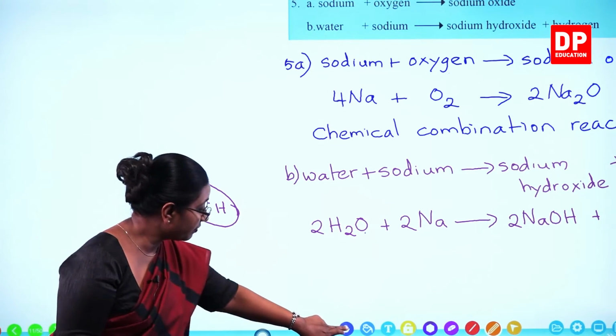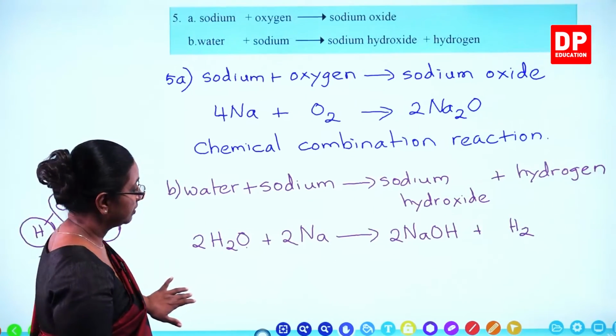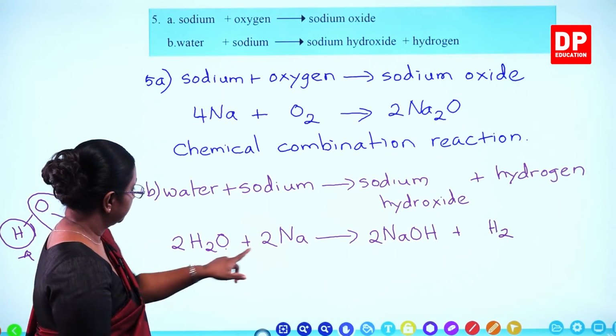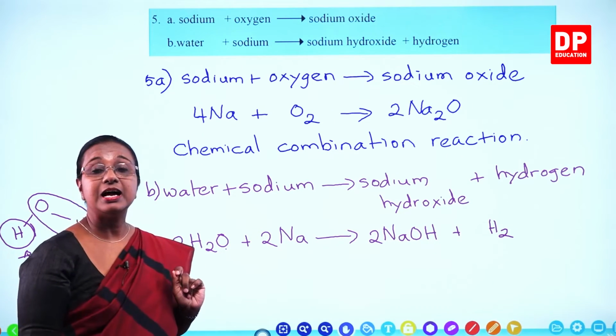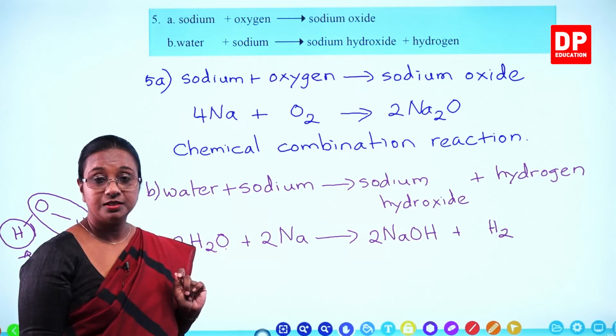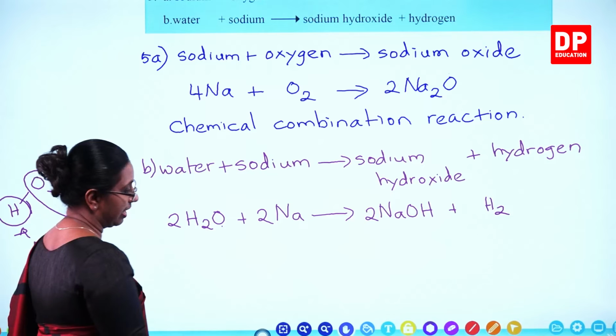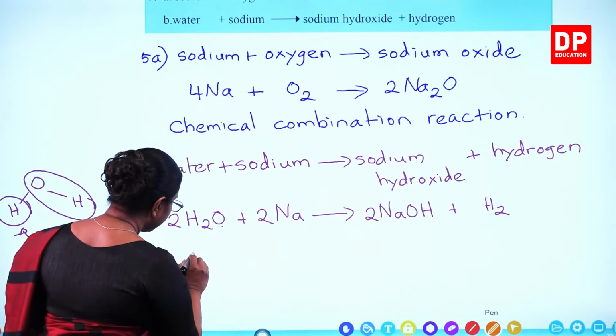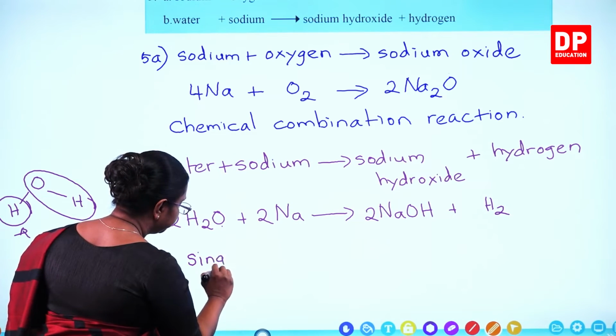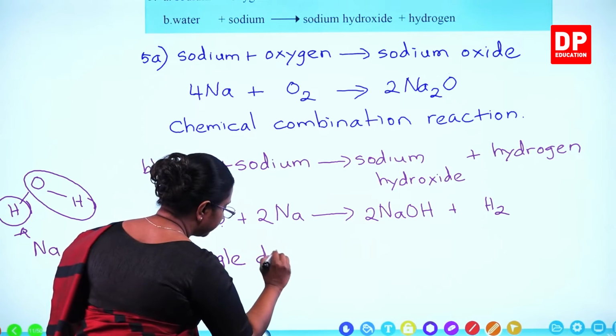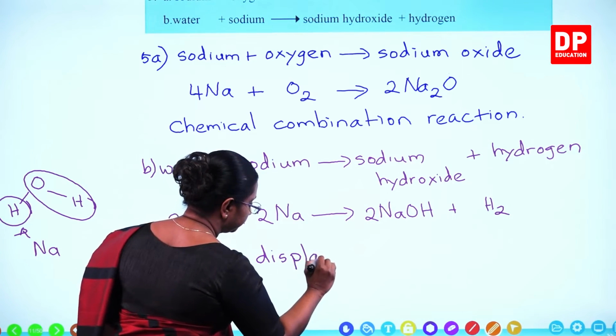So what type of a reaction is this? Sodium displaces hydrogen from water. So it is a single displacement reaction.